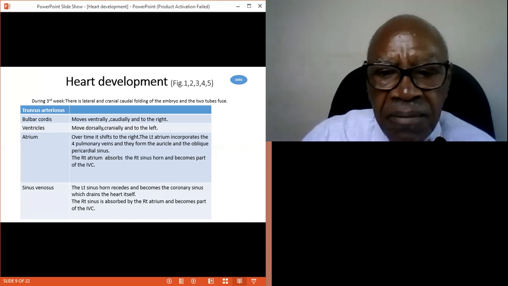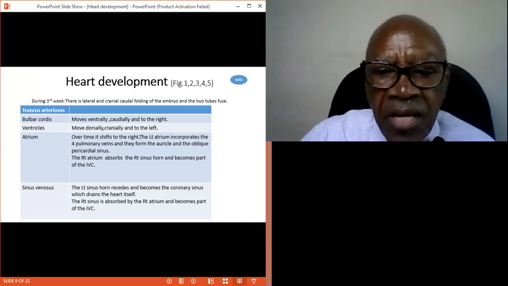Sinus venosus. The left sinus horn recedes and becomes the coronary sinus, which drains the heart itself. The right sinus is absorbed by the right atrium and it becomes a part of the inferior vena cava.